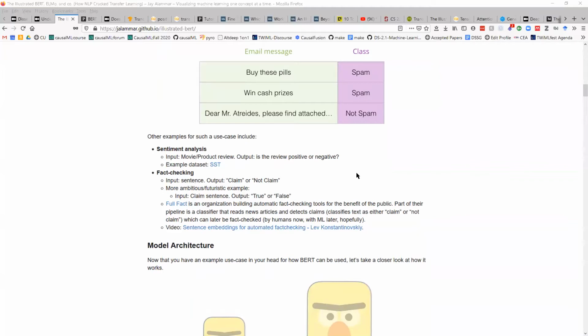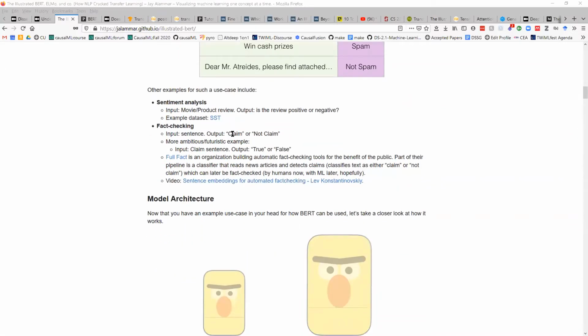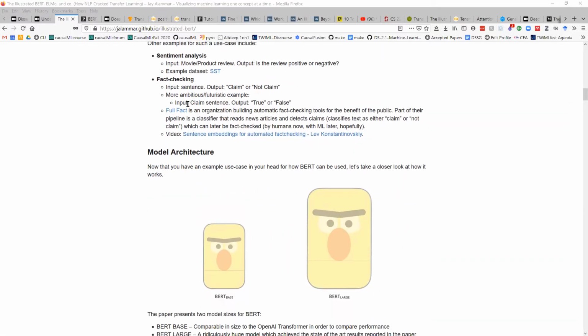Fact checking, reading an input sentence and then deciding whether it's a claim or not a claim. Maybe that's for insurance, I'm not sure what that would be for. And then he talks about Full Fact.